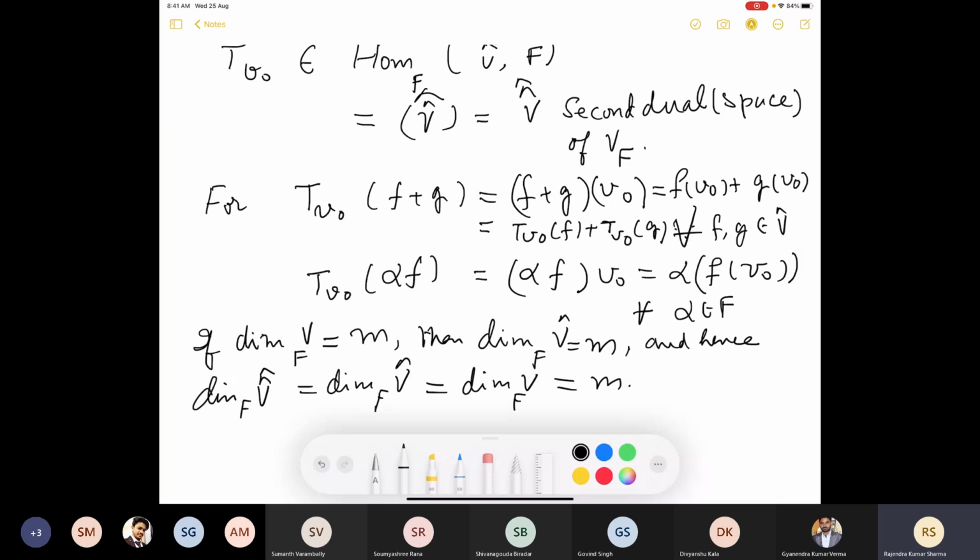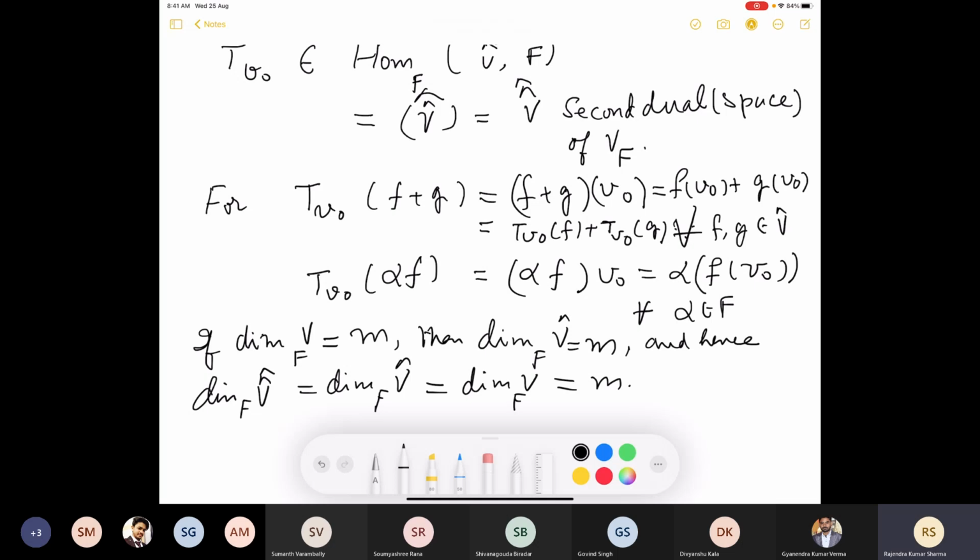So let me recall what we have just now proved. That given a vector space V, we can obtain its dual. Dual means this is Hom(V, F), so it consists of vector space homomorphisms from V into F, and in case of V being finite dimensional, this dual is also finite dimensional. Also that the dimensions are same in case of being finite dimensional.